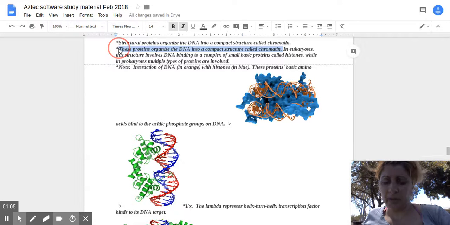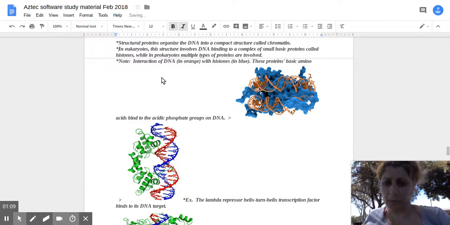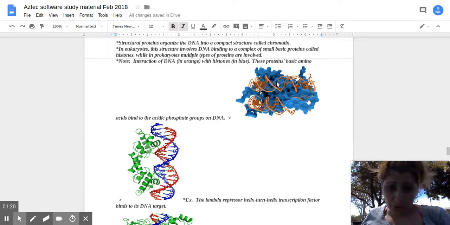And in prokaryotes, there are numerous types of proteins involved for the same purpose, organizing DNA material. DNA in the diagram is orange, the helix structure, and the histone proteins are in blue, surrounding.